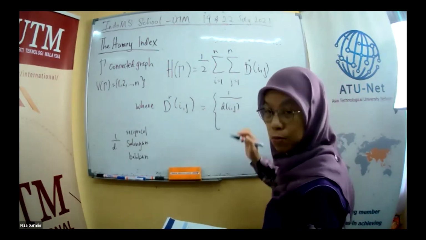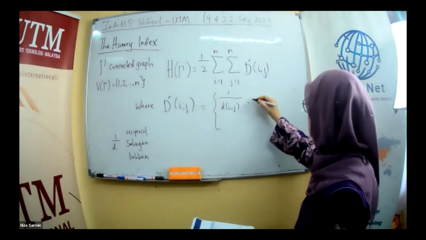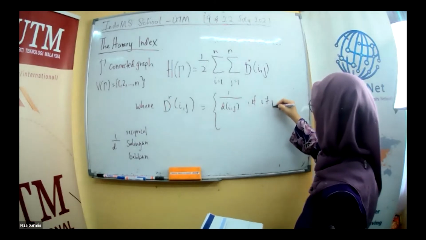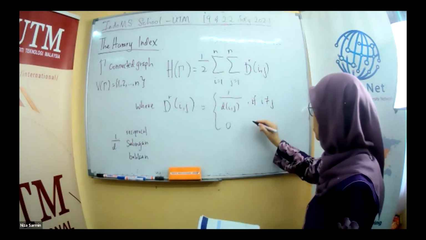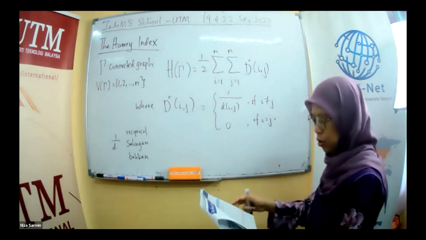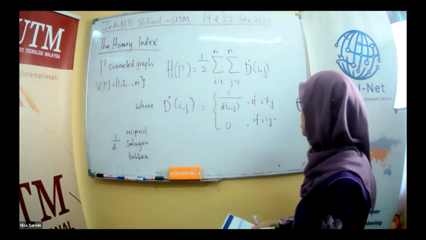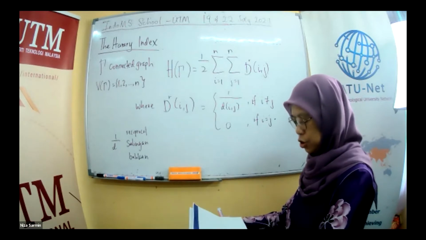When I mention distance, it is actually the shortest distance. If they are equal, it is 0, and you cannot do 1 over 0, so you just put it equal to 0. Okay, so this is the normal distance, 1 over.